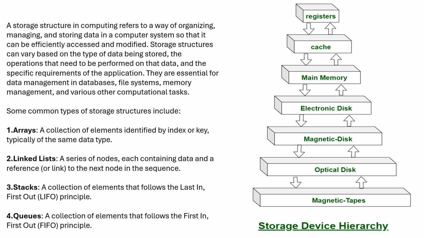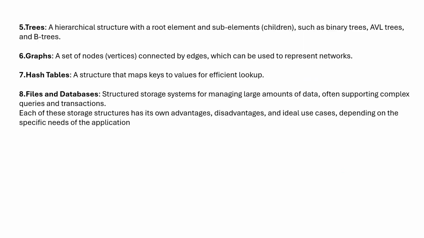A series of nodes, each containing data and a reference or link to the next node in the sequence, is called a linked list. A collection of elements that follows last in, first out is called a stack. A collection of elements that follows first in, first out is called a queue.